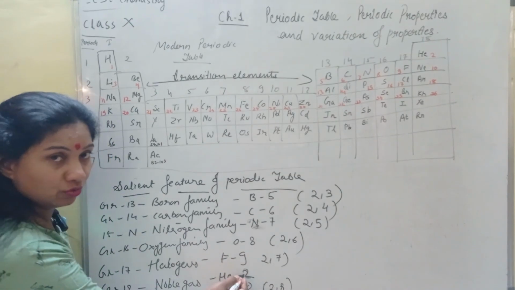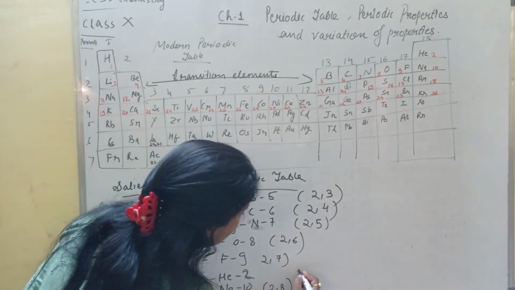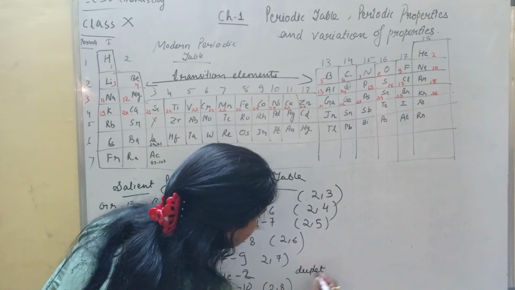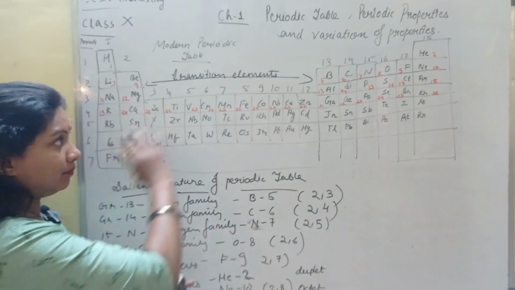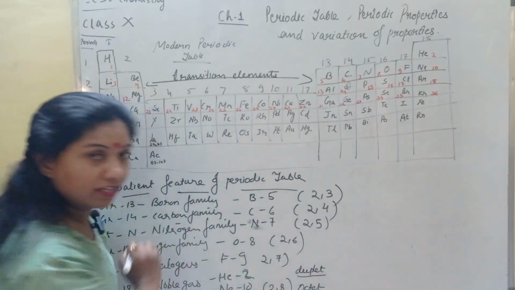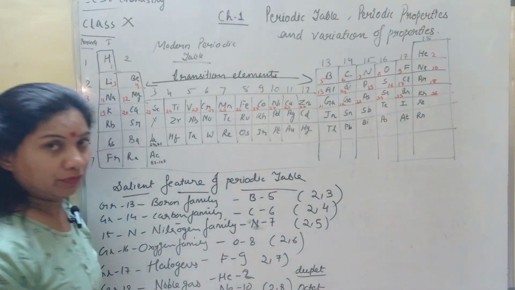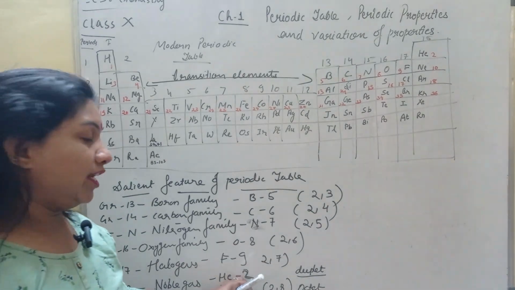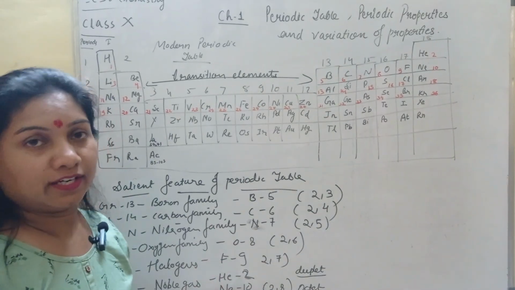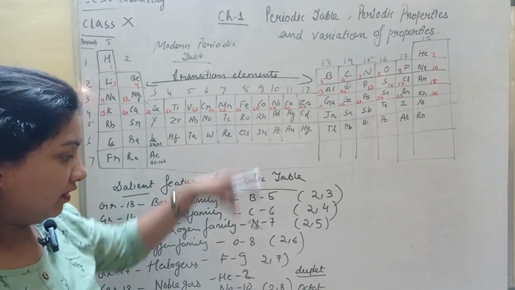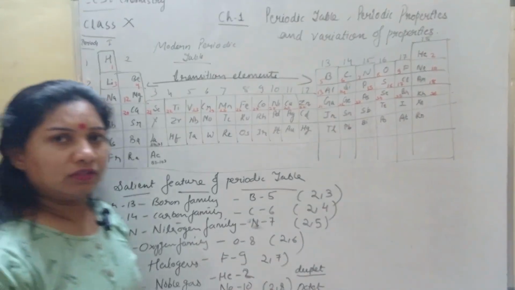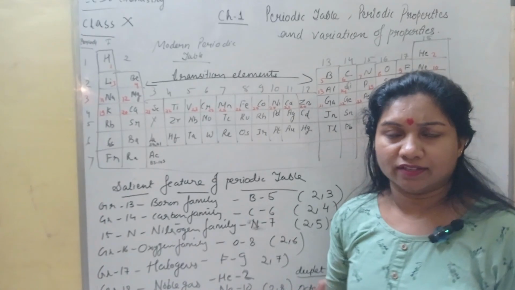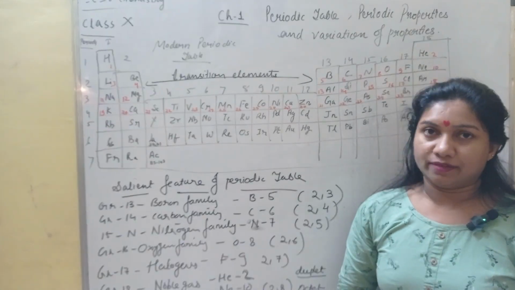So either 2 or 8. Helium has 2 electrons. It is called a duplet arrangement, and the other is an octet. So either the elements want to get this duplet arrangement or octet arrangement, meaning either 2 electrons in the outermost shell or 8 electrons in the outermost shell. If they do so, they will become stable and they will not react with any other elements.